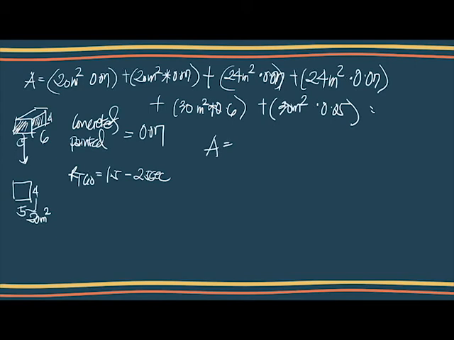So we have here 20 times 0.07 plus 20 times 0.07 plus 24 times 0.07 plus 24 times 0.07 plus 30 times 0.6 plus 30 times 0.05. So that's equal now to 25.66 sabines.